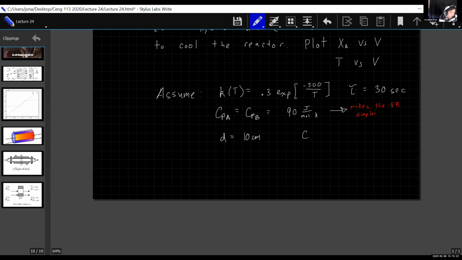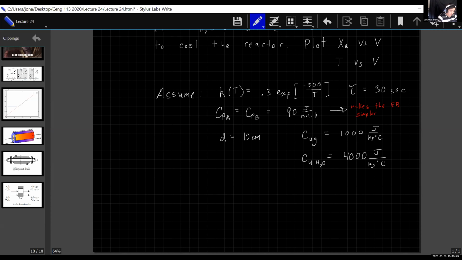And we're given the specific heat of our potential air utility as 1,000 joules per kilogram degrees C, and our specific heat of our potential water utility as about four times that, so 4,000 joules per kilogram degrees C. We can also assume an elementary rate law.